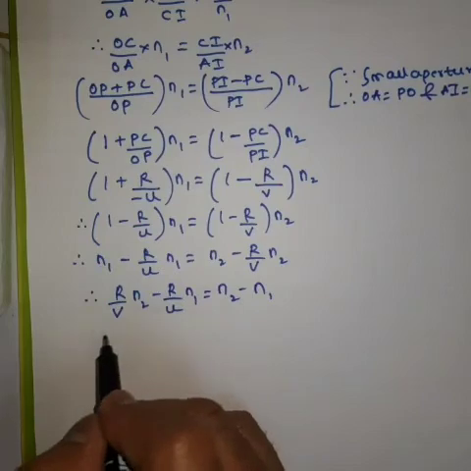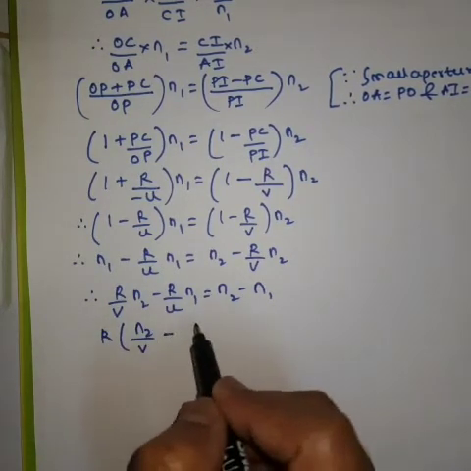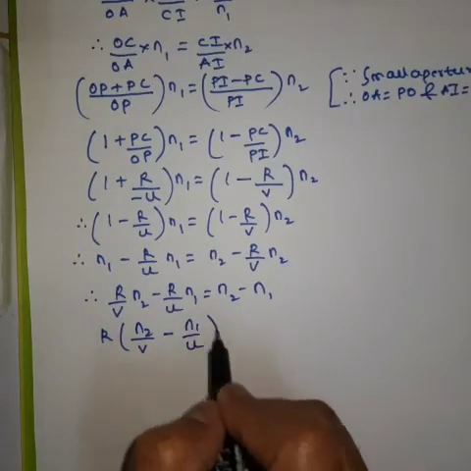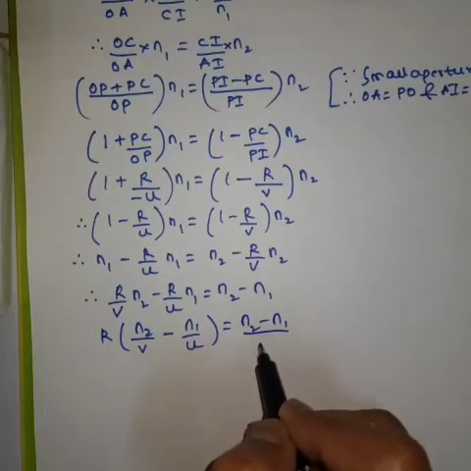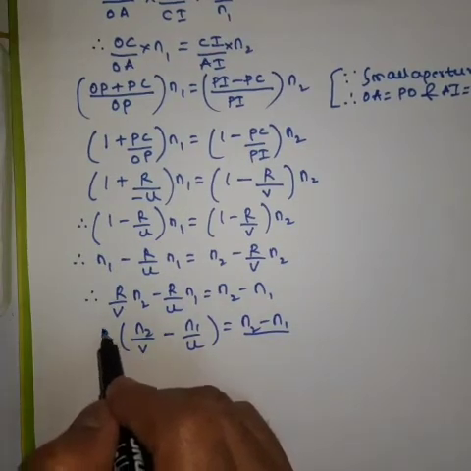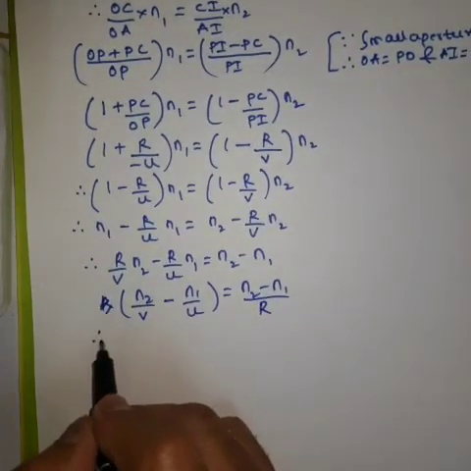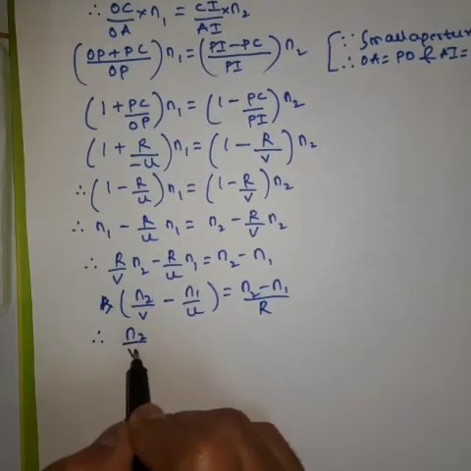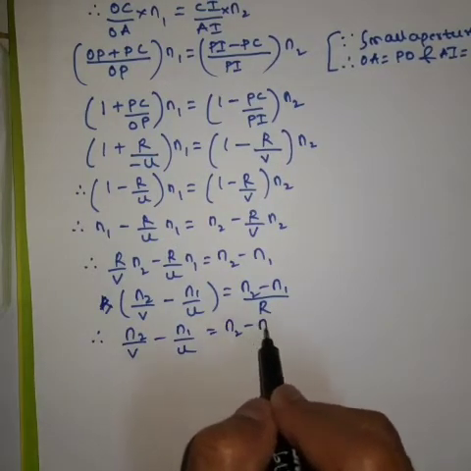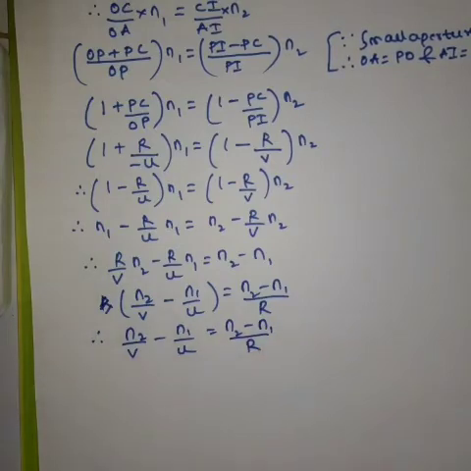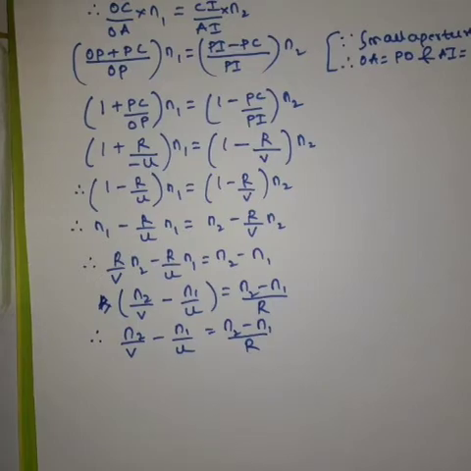If I remove R common from here, I get N2 by V minus N1 by U equals N2 minus N1 upon R. Therefore we got the equation as N2 upon V minus N1 upon U equals N2 minus N1 upon R. And this is the equation which we have to derive.